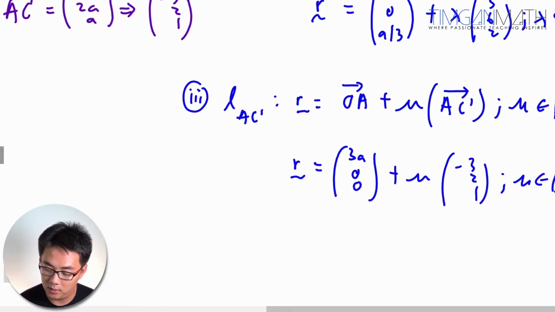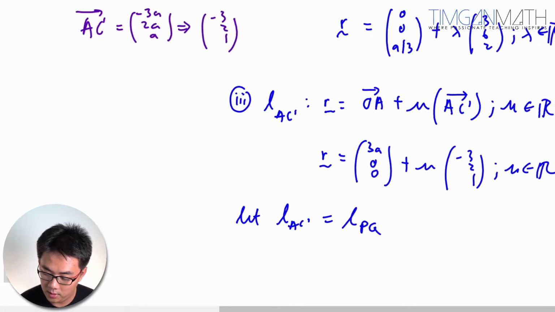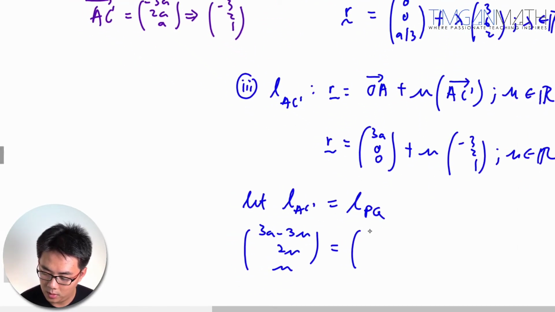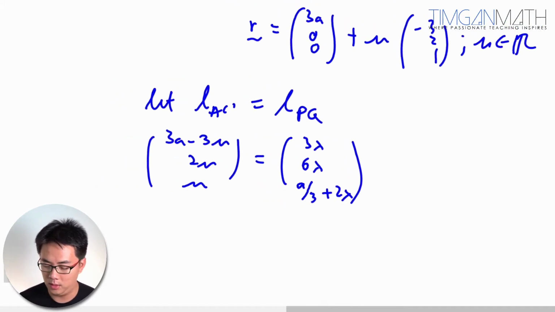So when line AC prime equals line PQ, you have 3A minus 3 mu, 2 mu, and mu equals 3 lambda, 6 lambda, A over 3 plus 2 lambda. Okay, so what am I doing?